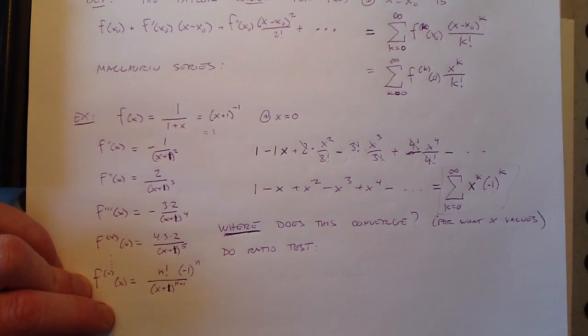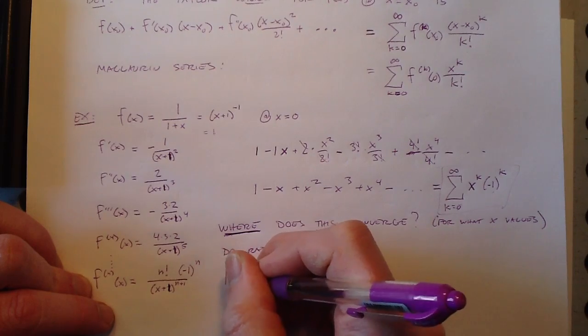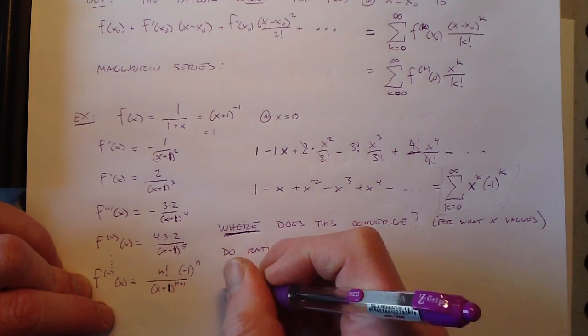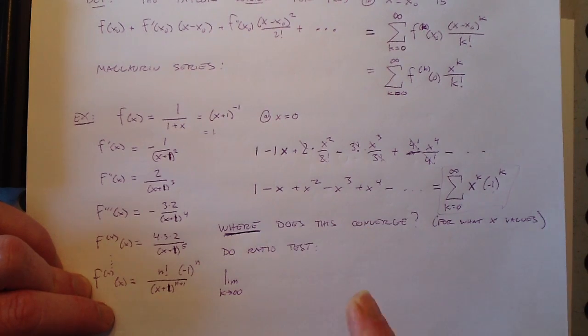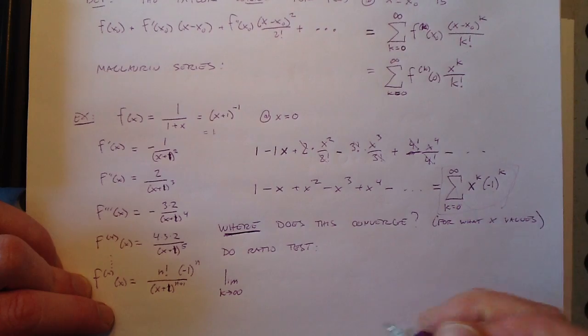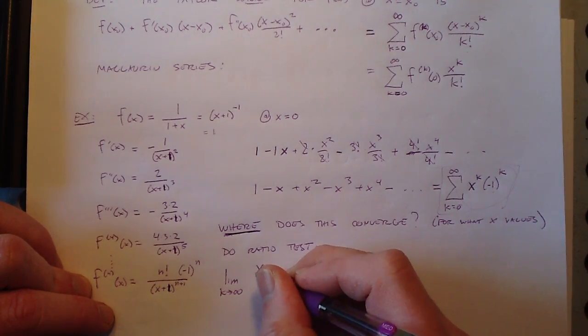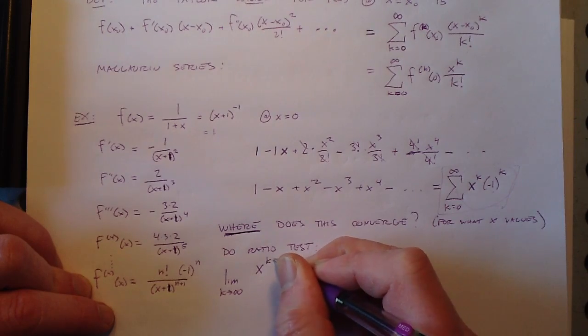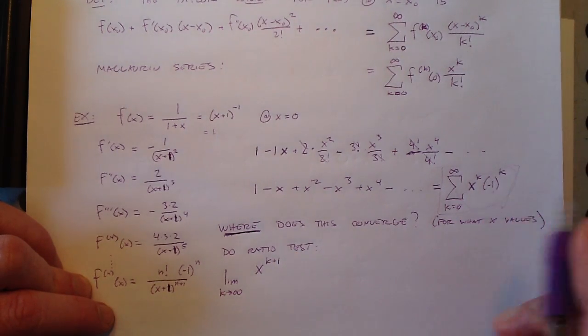What does that look like here? Well, we're interested in finding the limit as k approaches infinity of the k plus 1 term over the k term. So take a look here. That the k plus 1 term would be x to the k plus 1, and for the alternating things, we just throw the alternating piece away.